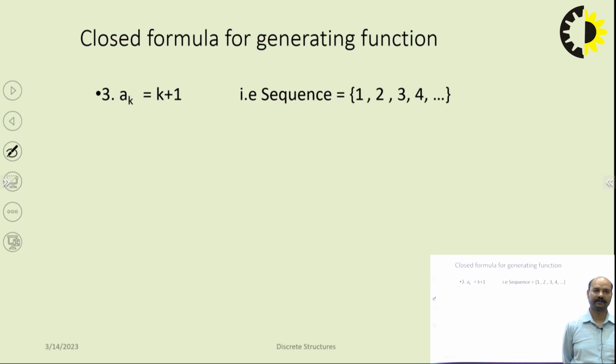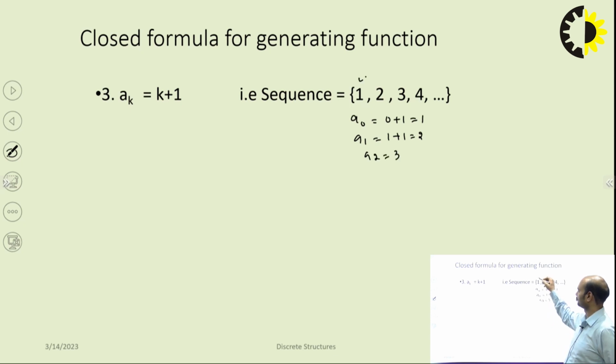What will happen if ak is equal to k plus 1? If we substitute k equal to 0, we get 0 plus 1, that becomes 1. What is the value of a1? That is 1 plus 1, that becomes 2, and a2 is equal to 3. So our sequence is 1, 2, 3, 4 and so on.